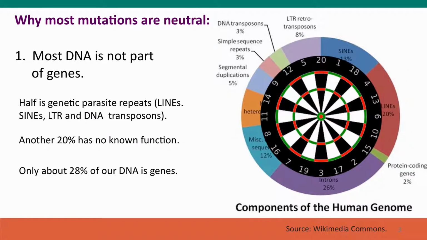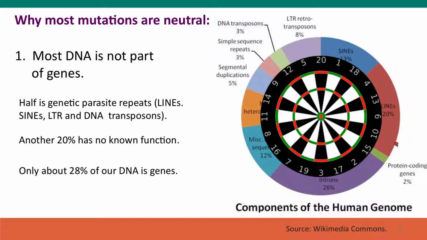I've superimposed a dartboard on the drawing of the genome to make the point that we can think of our genome as kind of a target for mutations. The mutations, however, are blind. It's as if the person throwing the darts was blindly throwing darts at the dartboard, and we expect they're going to land randomly all over the genome.